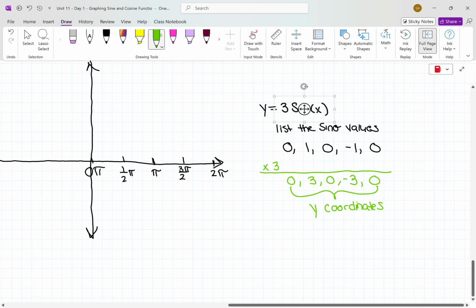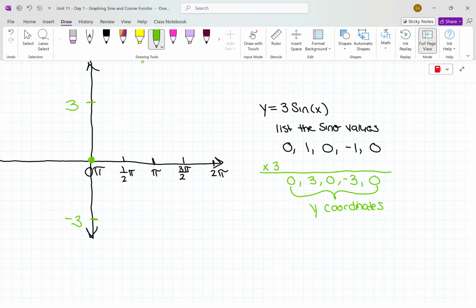So now we go and plot. I'm going to say 3 is up here to really exaggerate. -3 is down here. Okay, so the first point is 0. So at 0 pi, it's 0.